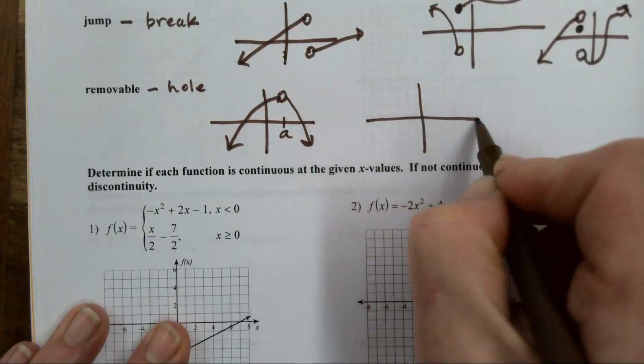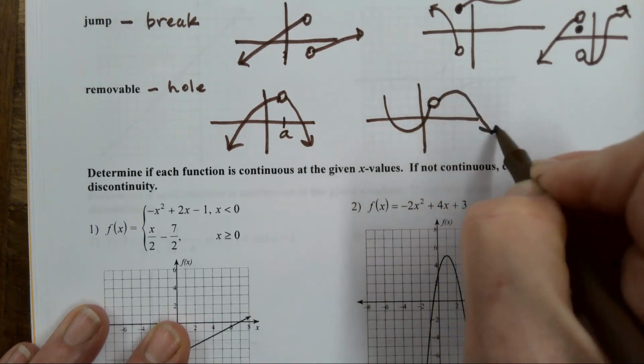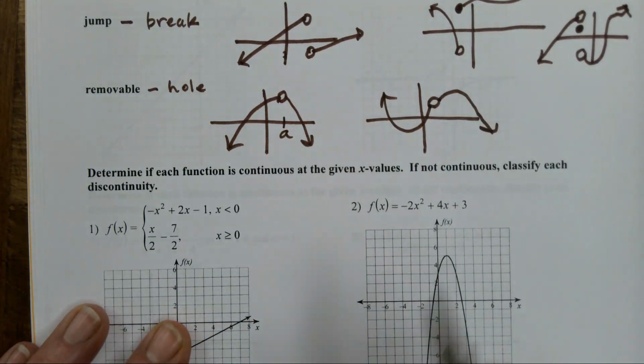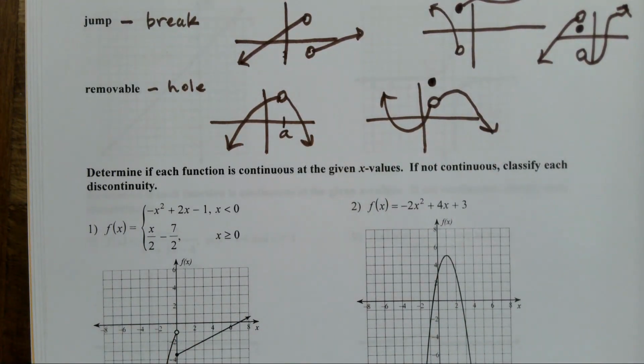Or I can have a hole in my graph, and again, it doesn't matter what it looks like, and I have a little value that's just not filling the hole. So it's got a value, it's got a limit, they're just not the same. Breaks have holes in them, but not like a removable function with a hole, okay? Where the removable function will come together on both sides. All right.